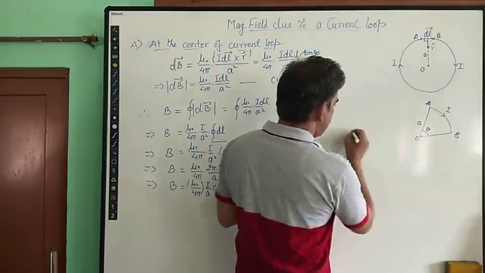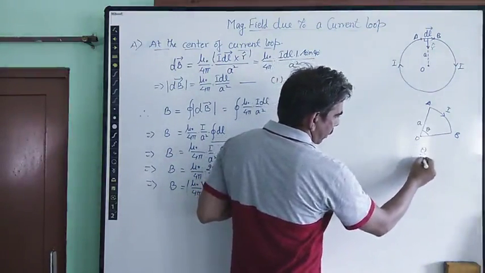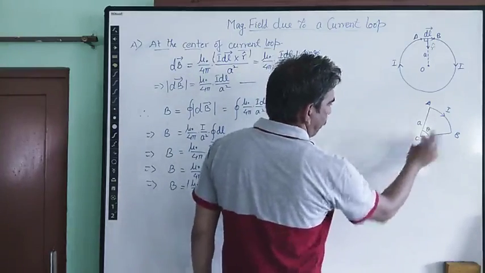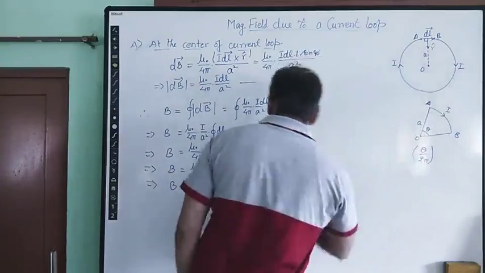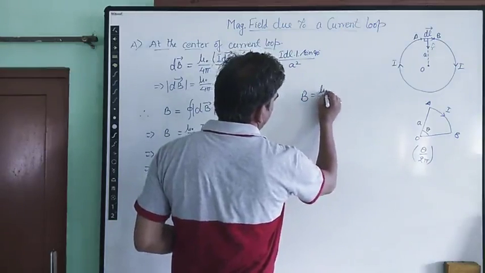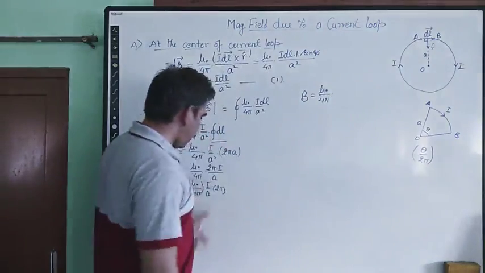So this angle theta makes radians which is equal to theta upon 2 pi. So this is the only part of the total loop which is now giving the magnetic field at center O. So therefore the expression for the magnetic field can be written as mu naught upon 4 pi into I upon A.